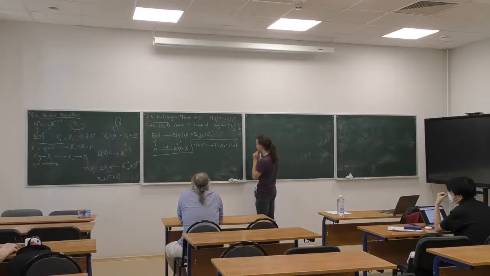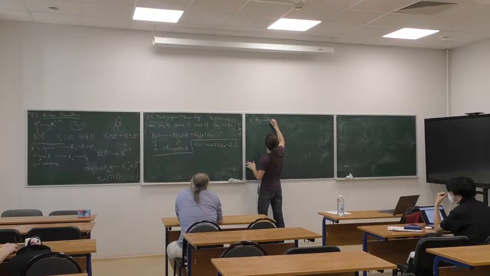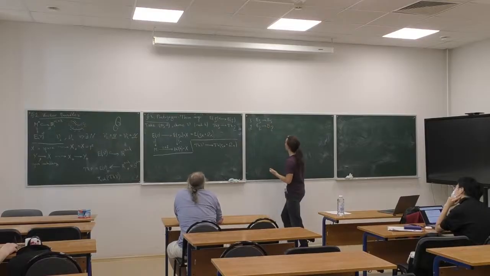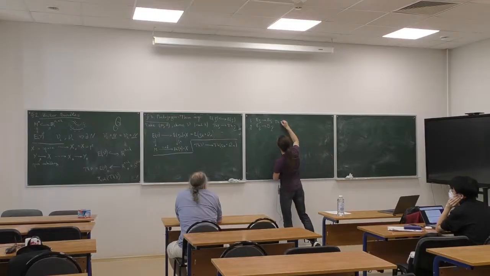So, in general, suppose we have two bundles xi and eta, and we take the product and we take a Thom space.